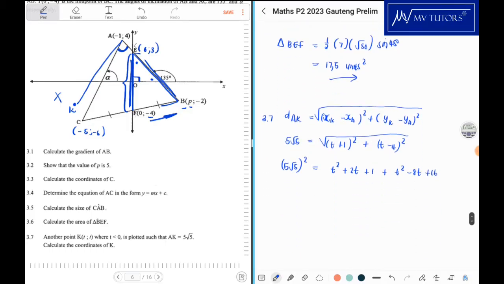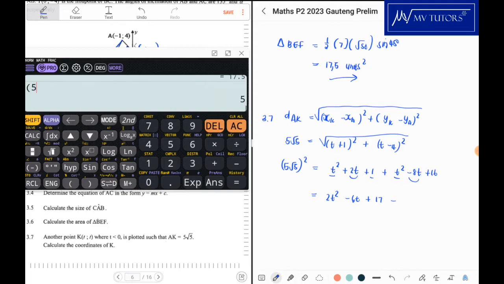Let me just simplify that. So I have 2t squared, and then 2t minus 8t, so it's negative 6t, and then 1 plus 16, which is 17, and I'm going to subtract 5 root 5 squared, so it's basically 125, so I'm subtracting 125.